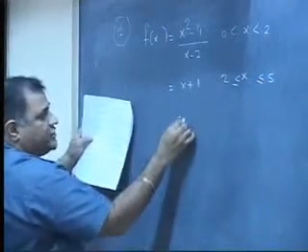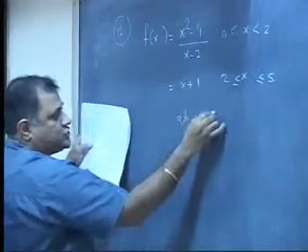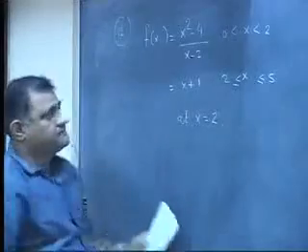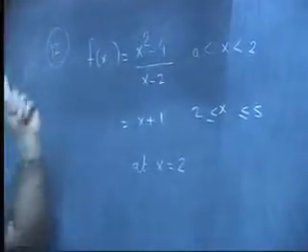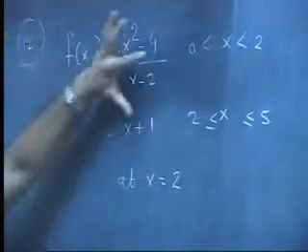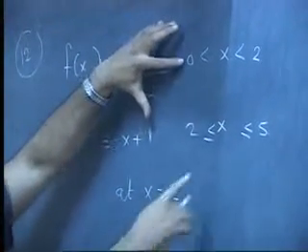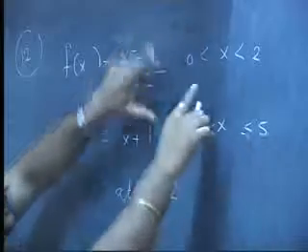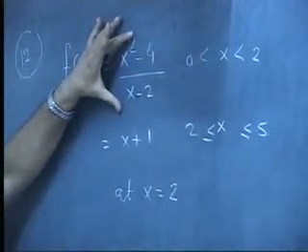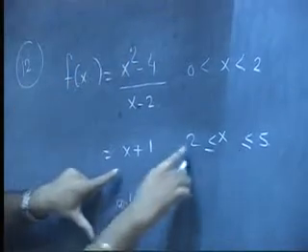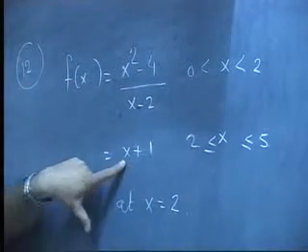I want to check the continuity at x is equal to 2. Is the question clear? See here, the values of x is between 0 to 5. So between 0 to 2, this is the function. This is the value of y. Between 2 to 5, this is the value of y.